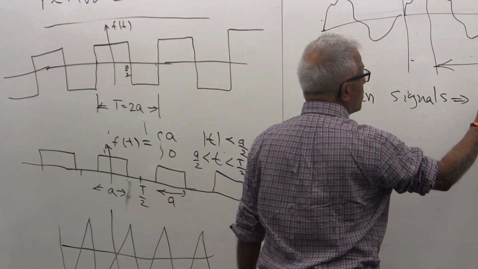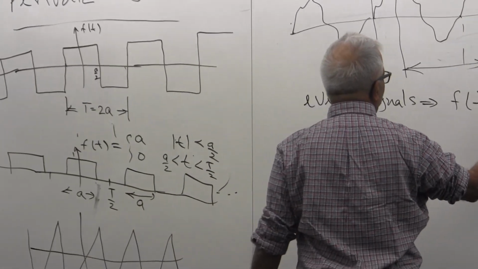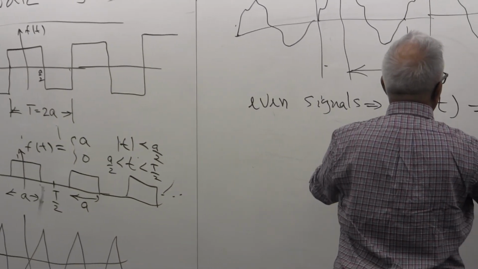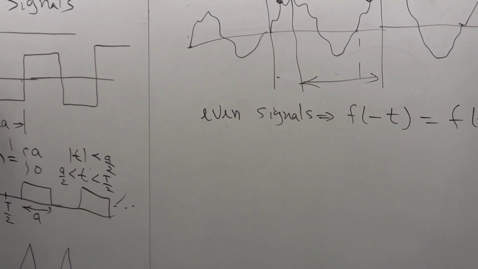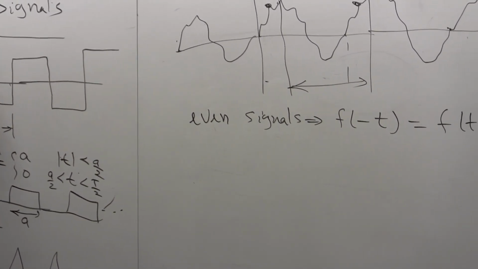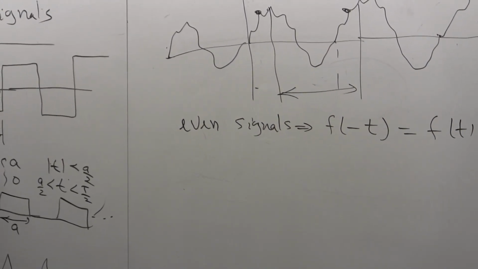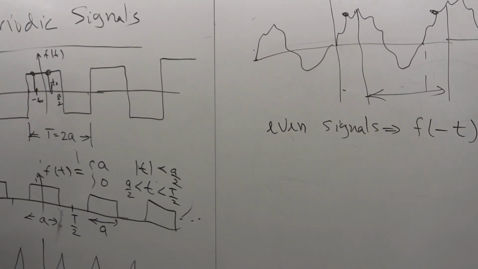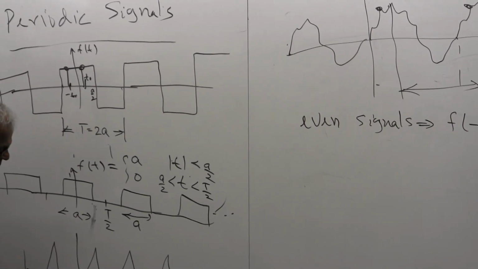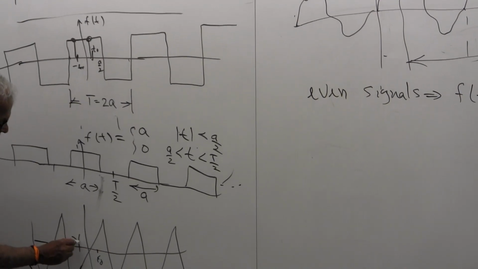An even signal has this property that the value at some minus point is the same as the plus value. Look at here. If I take this to be t naught, and I come to minus t naught, the values are the same. If I take t naught to be this point, minus t naught is here.